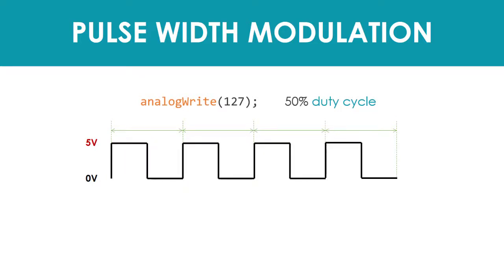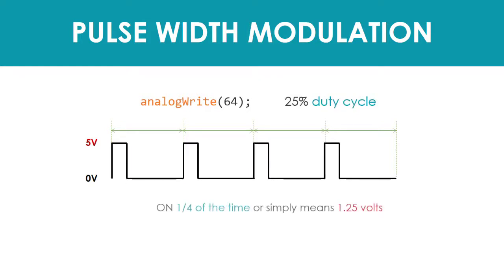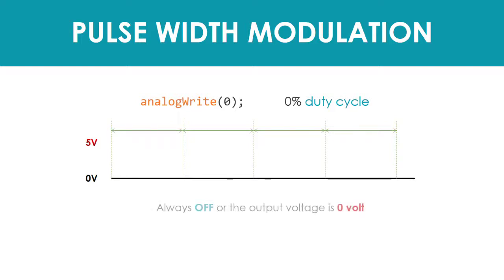This is like saying half of 5 volts, which is 2.5 volts. The analogWrite 64 gives us 25% duty cycle, or 1/4 of 5 volts, which is about 1.25 volts. And the analogWrite 0 gives us a 0% duty cycle. This is the same as 0 volt or simply ground.